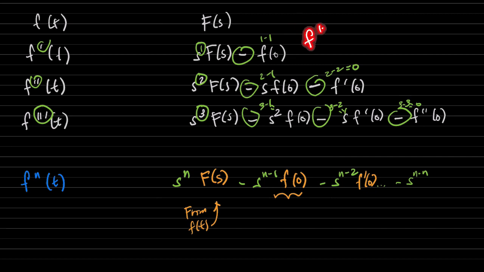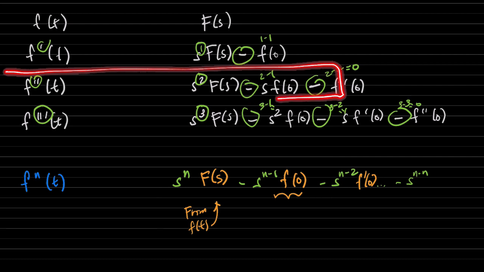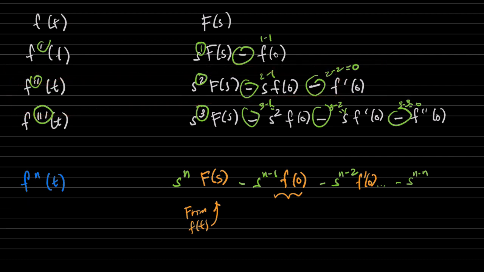So parang f 1 minus 1, 0, di ba? And then yung final term natin dito sa pangalawang example natin ay f 2 minus 1. Basically f 2 minus 1 of 0, no? So yung n na sinasabi natin ngayon, ito na yung nagdi-dictate ng degree ng differentiation ng f function natin. So we can say na since yung f dito, yung degree ng differentiation sa mga huling f, ito ay 0.